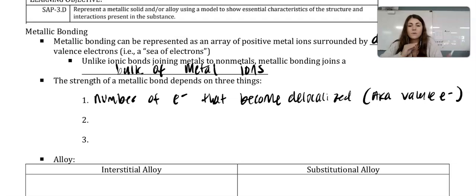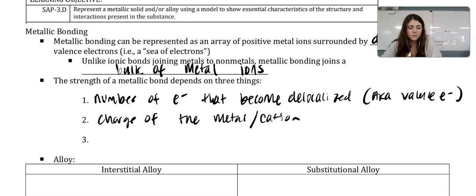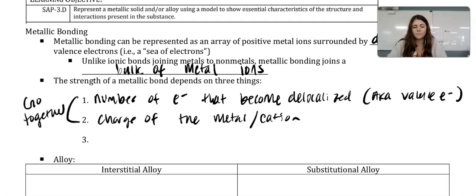The number of electrons that become delocalized tells us the charge of the metal, or we can say the cation. These go hand in hand with one another.